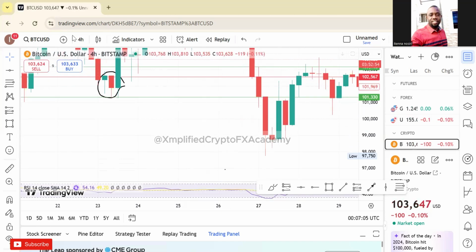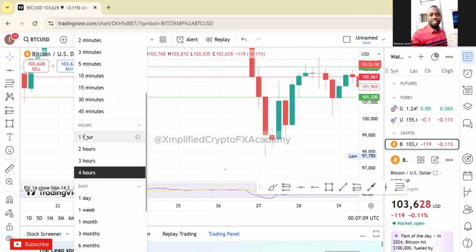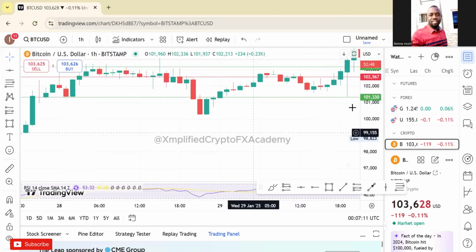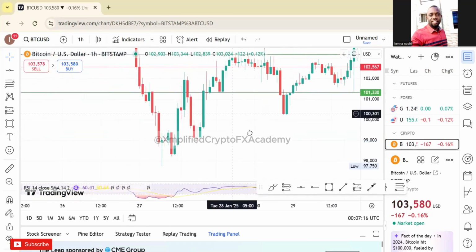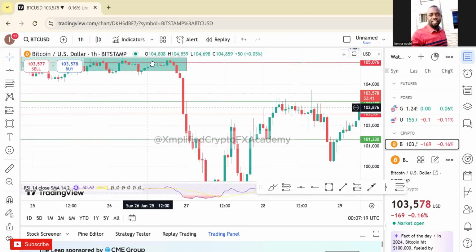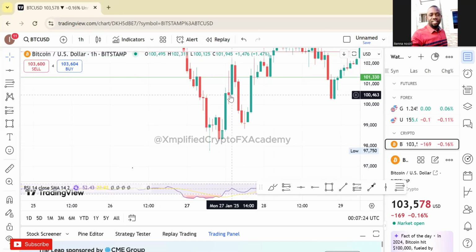You may not see it exactly on the 1 hour time frame. That's why I need to check different time frames for you to observe it clearly. Using the 1 hour time frame, this is a bullish engulfing candle.